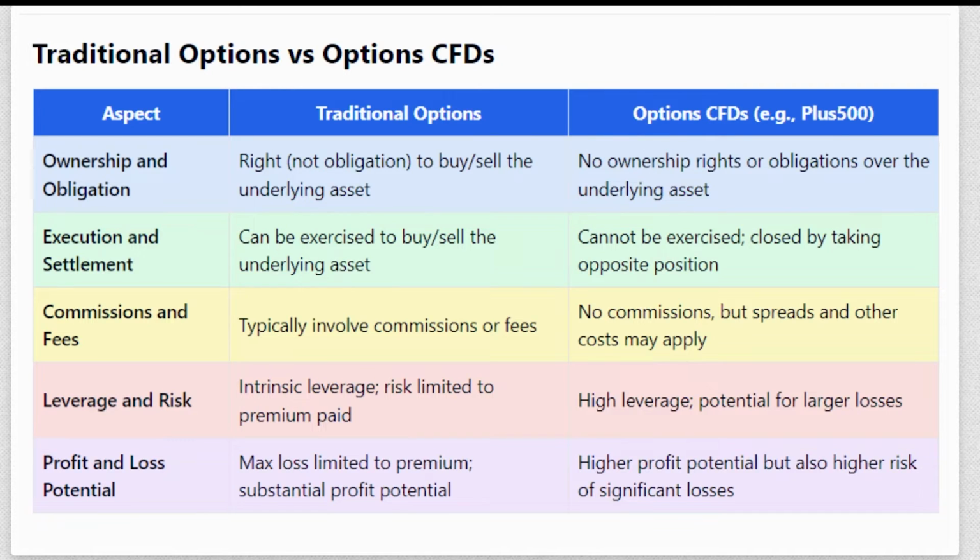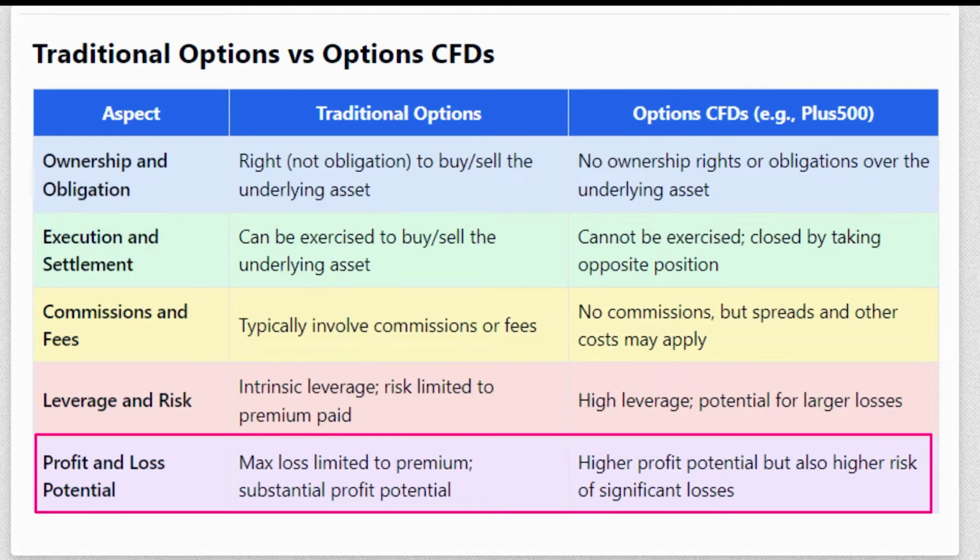Now, in terms of profit and loss, for traditional options the maximum loss is usually limited to the premium paid for buying the option. Profit can be substantial if the asset moves favorably. Option CFDs, what we're going to be using today, offer potentially higher profit due to the leverage, but also come with a significantly higher risk of losses because of that same leverage.